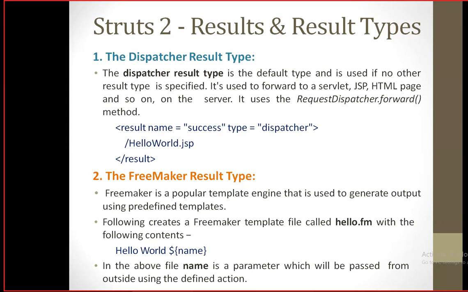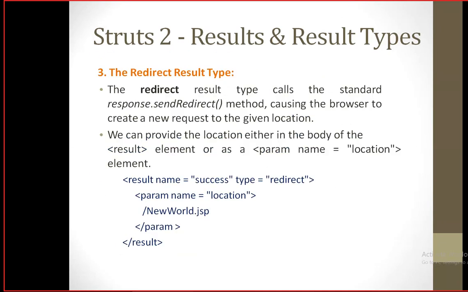Remember this thing: request dispatcher dot forward and response dot sendRedirect, where a new request is generated. So what is the advantage of this? If you want to add some data in addition to what data you currently have, you can add that data and generate a new request. Understood? So that is why sendRedirect always has the upper hand.